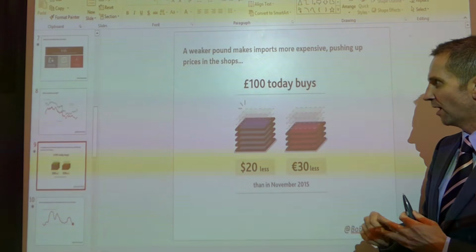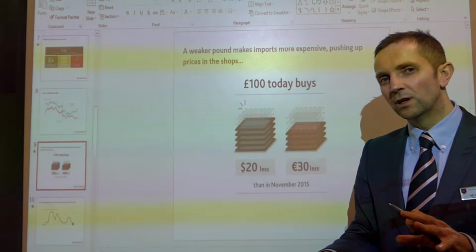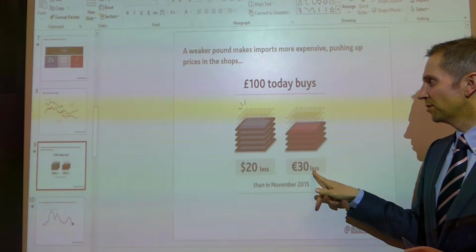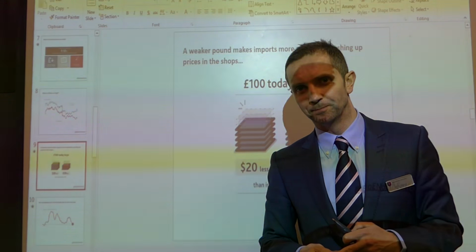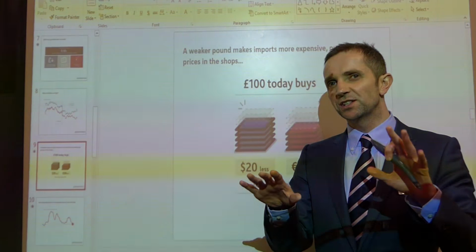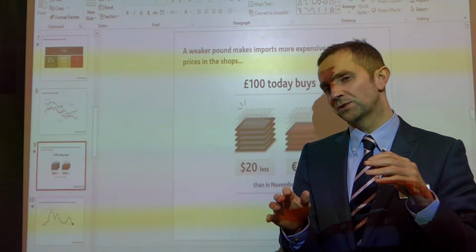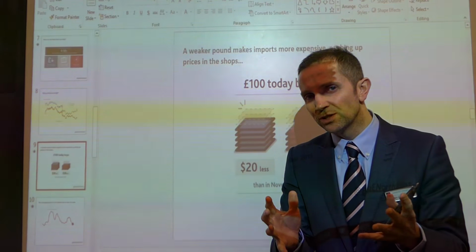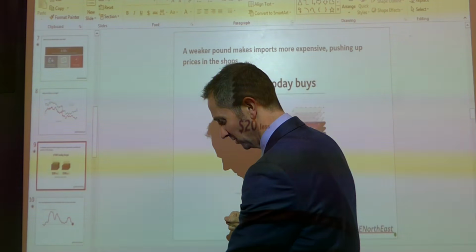So you can see from this graphic that £100 today buys $20 less than it did in November 2015 and €30 less than it did in November 2015. So even though the price of goods and services in shops may not be changing, the exchange rate movements can ultimately impact the price of goods and services.